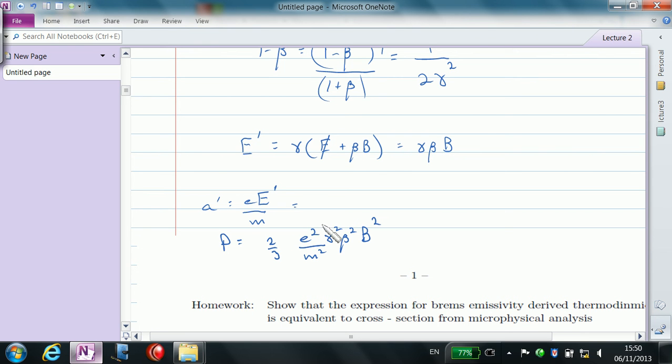Oh, okay, and there's an e to the fourth here because this part is just the a prime squared, but there's another e squared out here, and there's a c cubed down here.